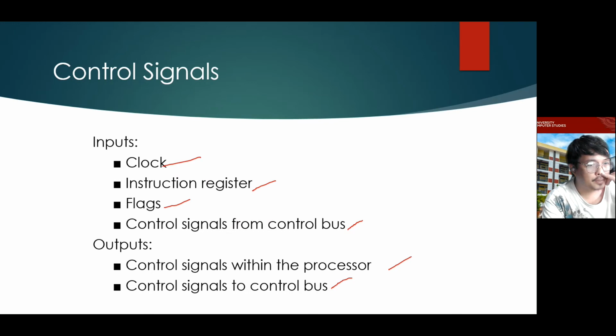There are three types of control signals used in this input and output. Here, there are those control signals that activate ALU functions.